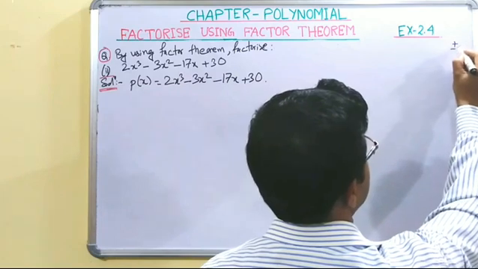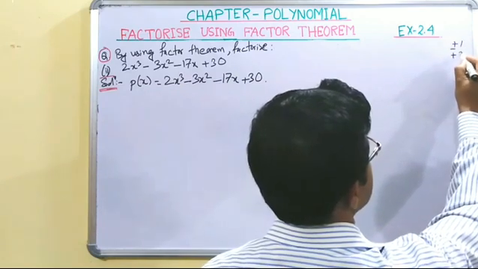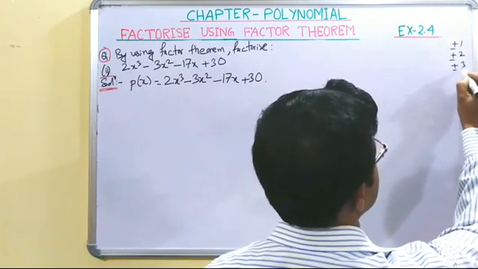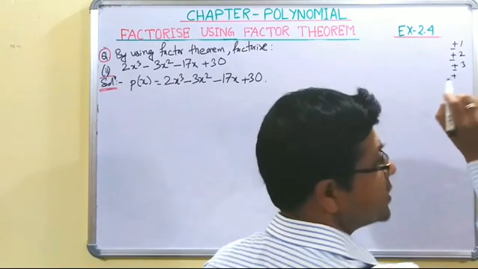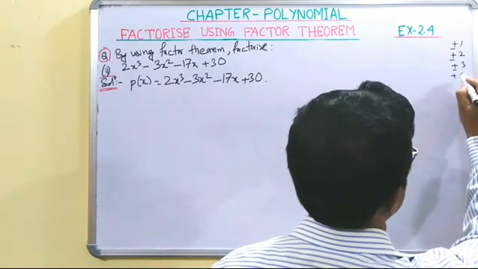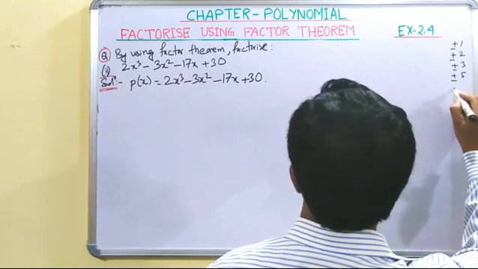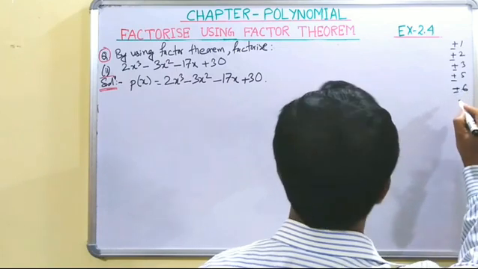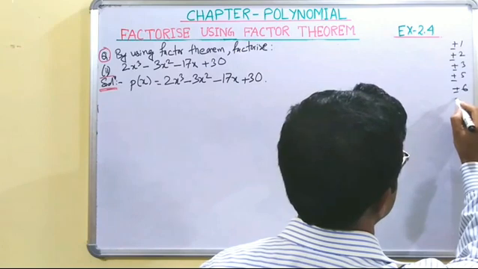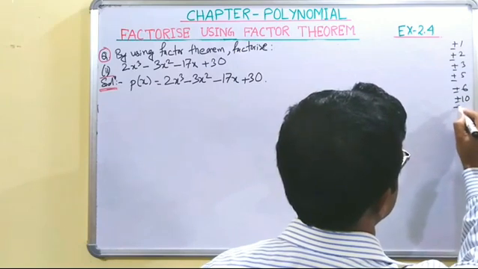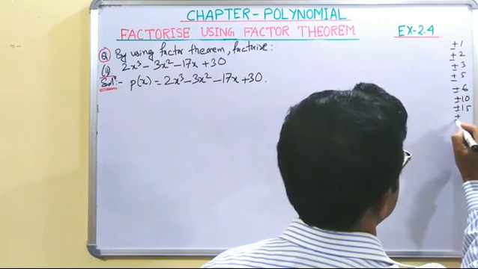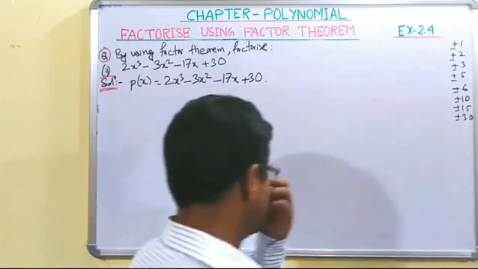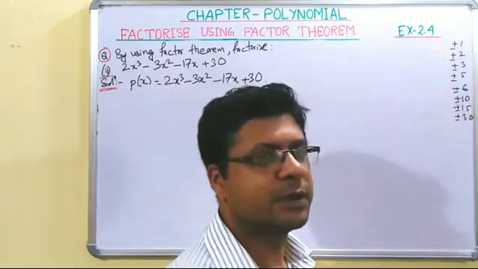Let us write plus 1, minus 1, plus 2, minus 2, plus 3, minus 3, plus 4 is not a factor of 30, 5 is a factor, then 6 is a factor, plus minus 6, then 10, then 15, then 30. So we shall try all these options.